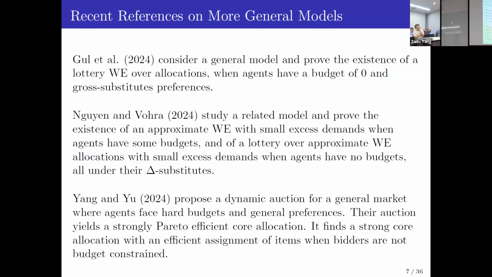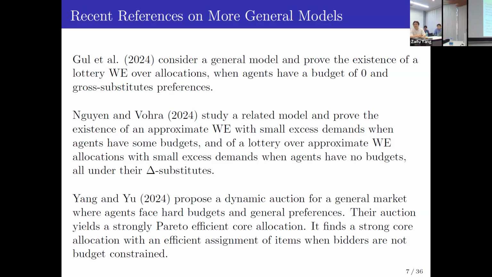And my paper with the same coauthors, we consider a general market where we have no restriction on the preference of every agent. And now the agents face a hard budget.